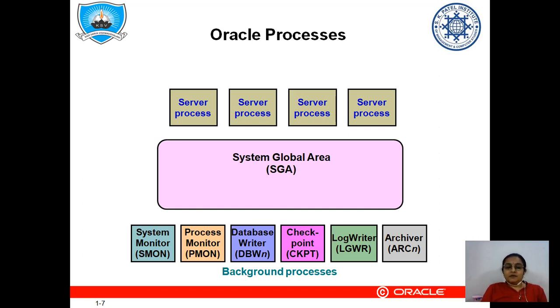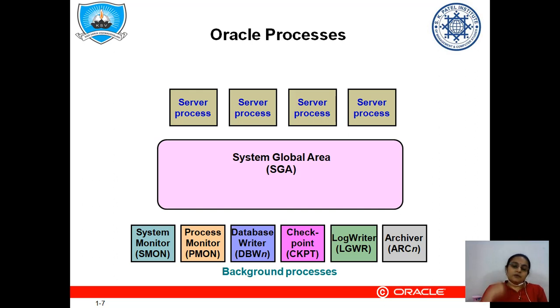Database writer, DBWn. DBWn is the background process which actually writes data to the database buffer cache that we have seen in previous slides in terms of the architecture of the system global area, one of the memory parts, that is the database buffer cache.